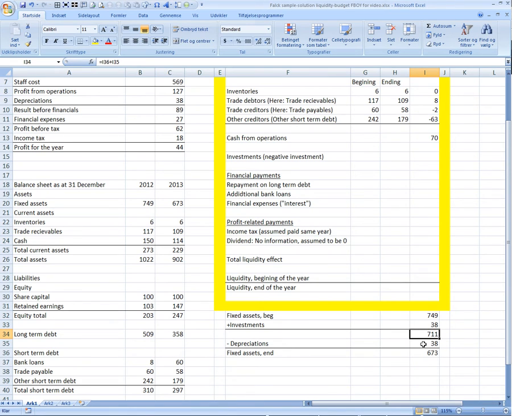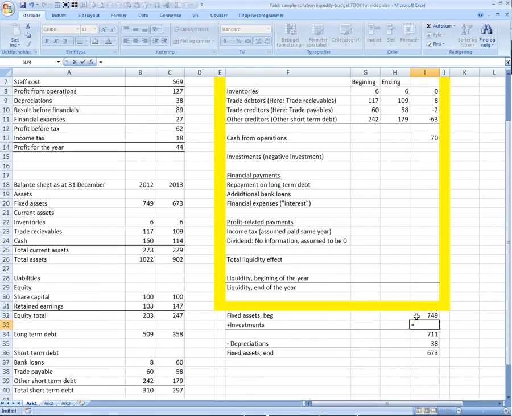Plus, no, that's not right, because if we add that together we don't get to 711. So I just try it again. No, this is absolutely not right. So what am I doing here?